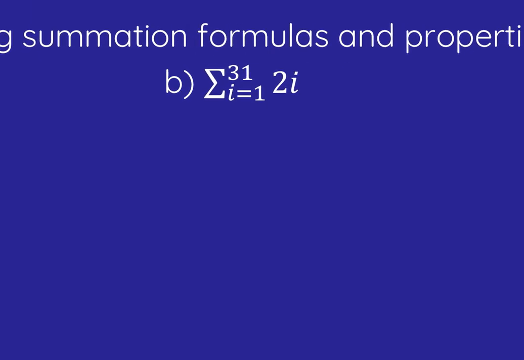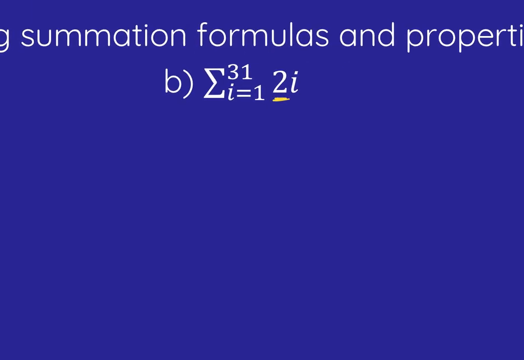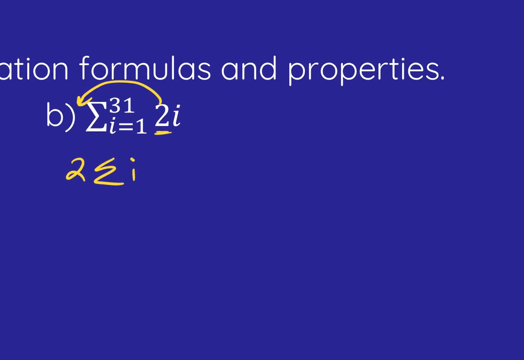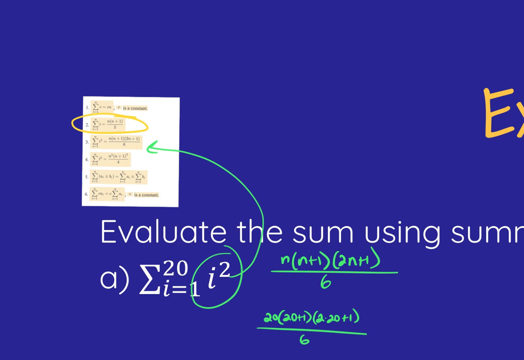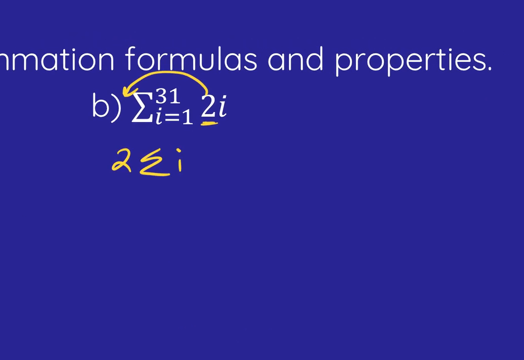All right, B has a coefficient on the variable, so we bump the coefficient to the front. So I don't write the i equals 1 and the 31 every time. I just do the sigma to remind me that I'm going to add them. So I separate it that way. I know I have to do sigma of i, a single variable, and that's the second formula, n times n plus 1 over 2.